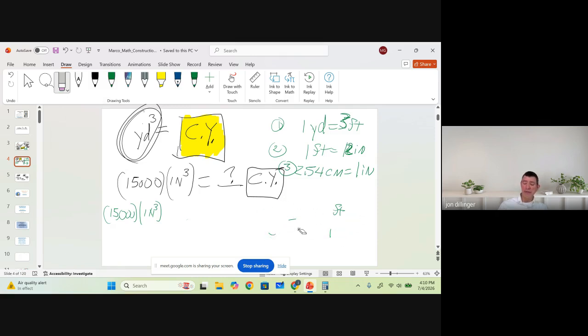Now, we want to convert these cubic inches into cubic yards. So you need to get rid of the inches. So how many inches are in 1 yard?